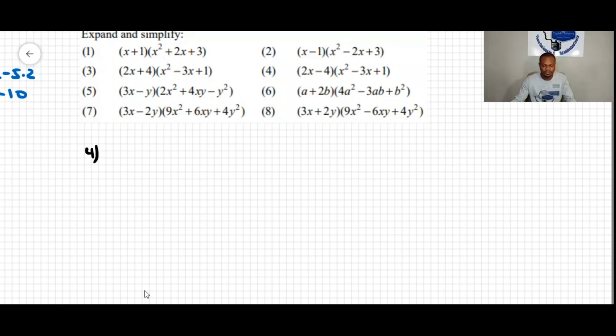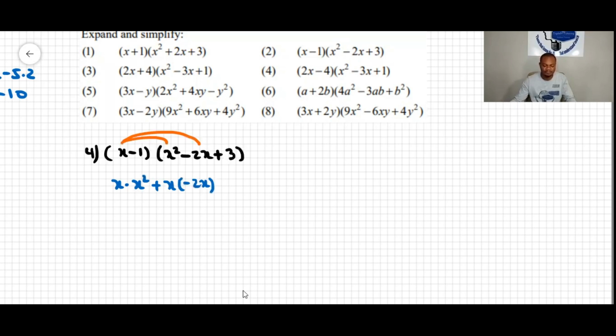Question 4 is given by x minus 1 and then x squared minus 2x plus 3. Now, it means that we do x times x squared. So this makes x times x squared, and then x times negative 2x, plus x times negative 2x.